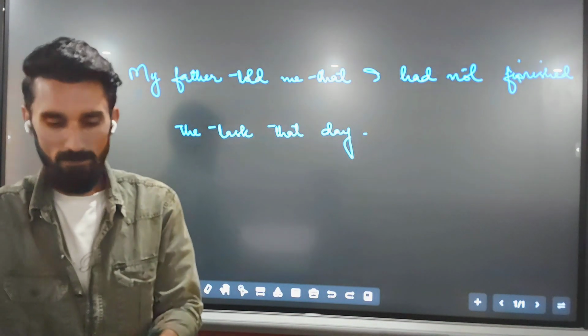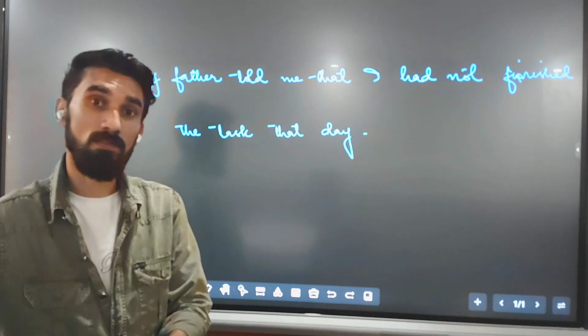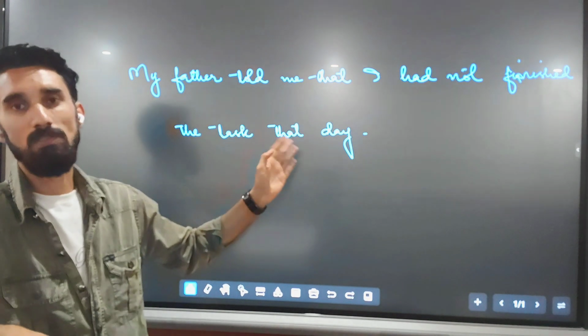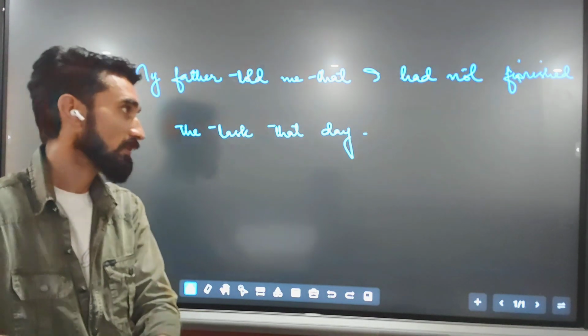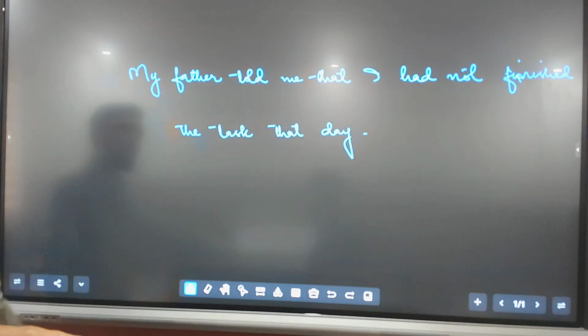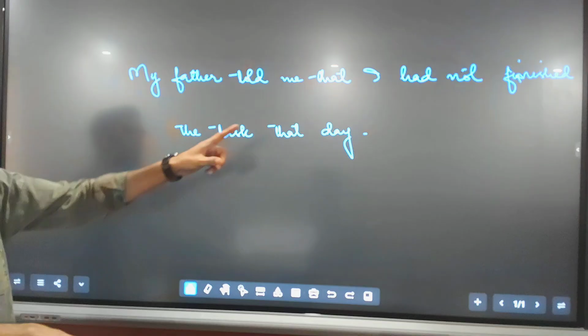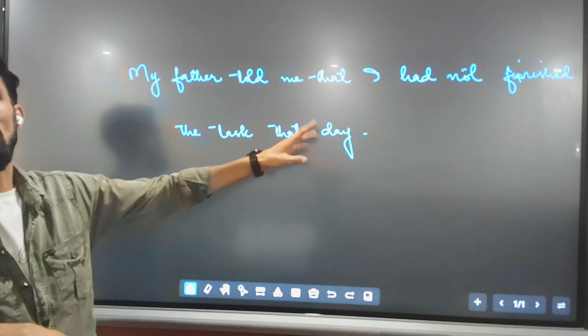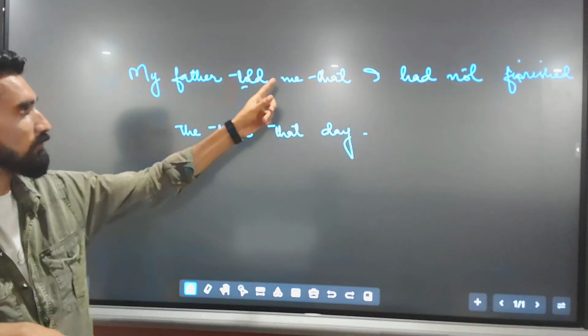Now this is a sentence which is already in indirect speech. If you convert it into the direct speech, it will be written as, my father told me that I had not finished the task that day. So it means it must be an assertive sentence. That is why I have used told.